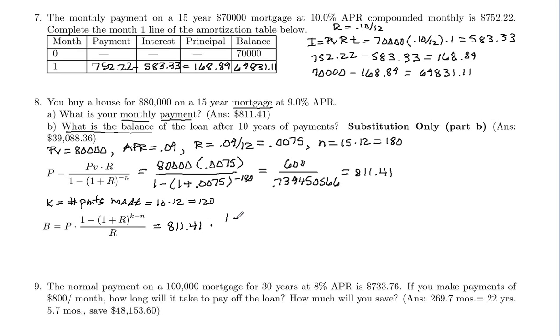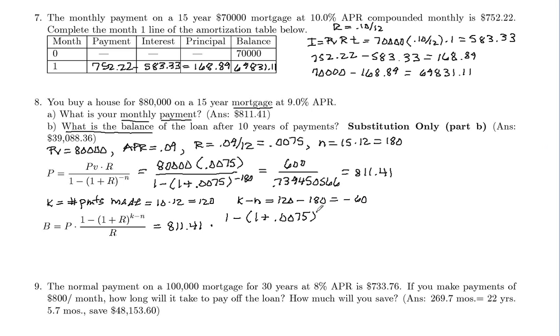Times 1 minus 1 plus R, so 1 plus our monthly rate, 0.0075, and then we get K minus N power on that. So K is 120, and N up above is 180, so K minus N is negative 60.